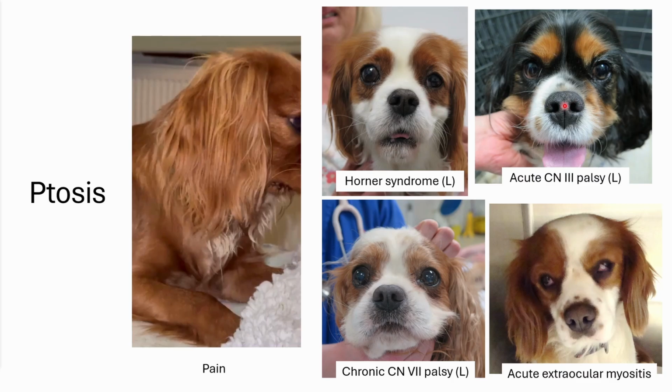This girl here is the girl that we saw before that has an acute oculomotor nerve palsy on the left side. Her palpebral droop is not so obvious, probably because she's rather nervous in this situation. So she only has a partial lesion at this stage, but I think you can appreciate that this is smaller than that.